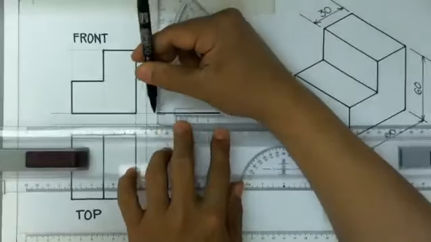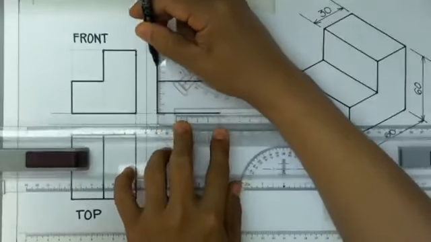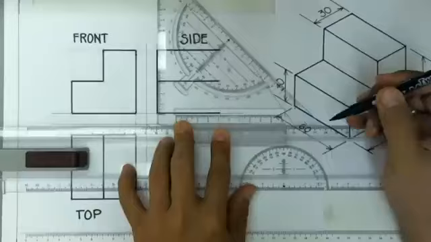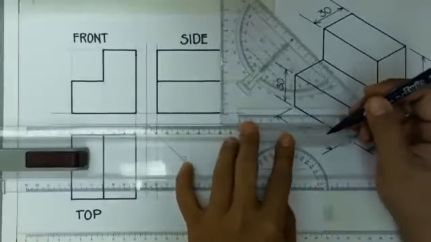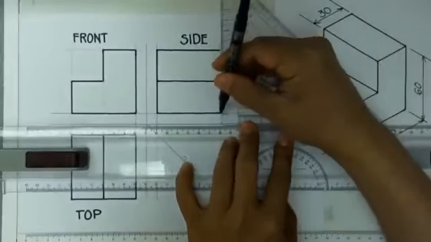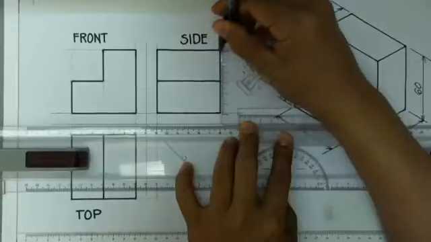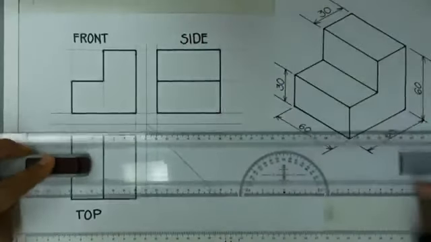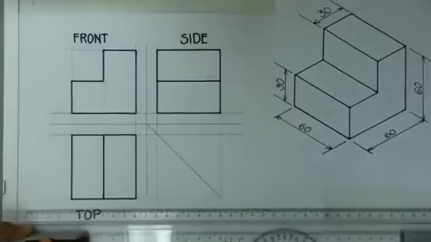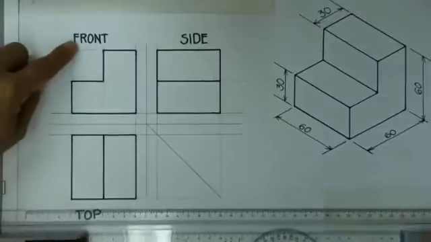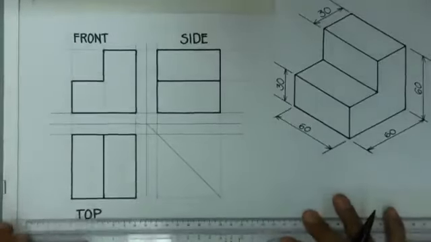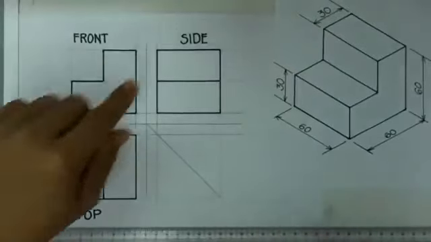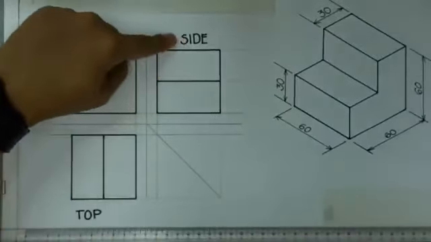From this corner, going up, and this corner, going up. Now we have our three main views: the front view, the top view, and the side view.